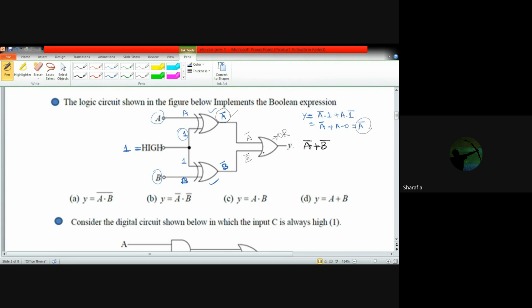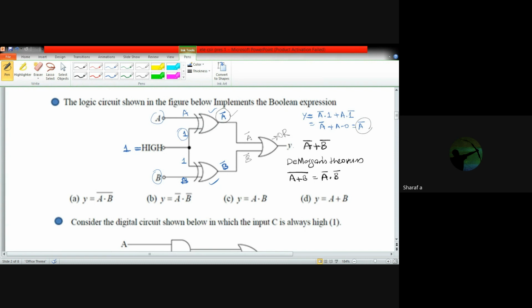But there is one theorem, which I will discuss shortly, which is De Morgan's theorem. It says that if you take the complement of A plus B, whole bar, then you will get A bar dot B bar, which means complement of the variables and complement of the operator.